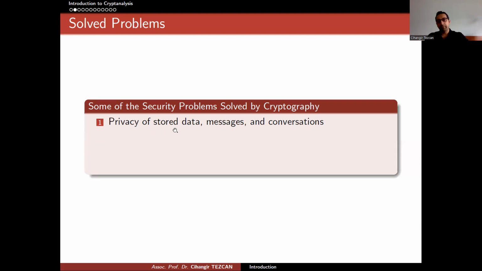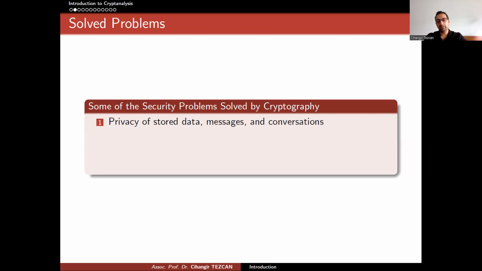But before moving on, maybe I should also say we actually solve another problem. We also provide the privacy of data in process. Think about it in this way. We are using cloud services many times. If you keep a file in the cloud and want to work on it, then you cannot keep it encrypted, right? Because you want the cloud to perform operations on the data.